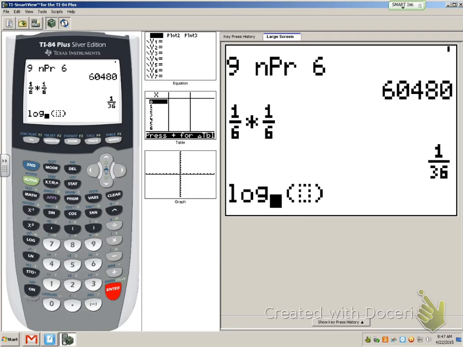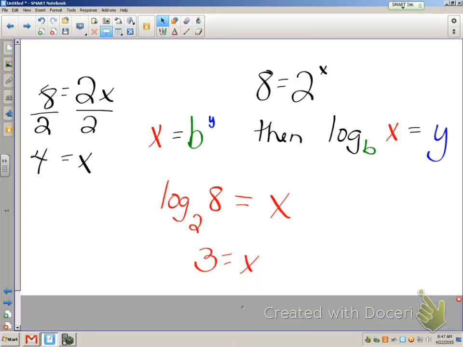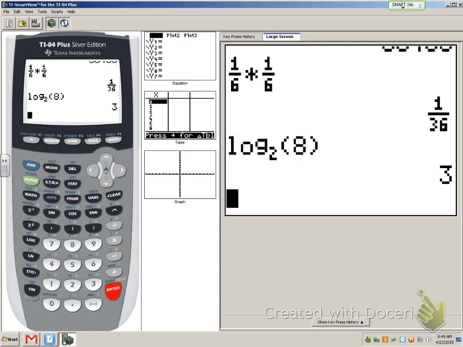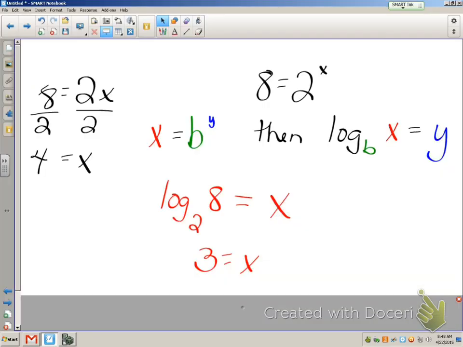So if you look back at where we just were, we had log base 2 of 8. So I want to type those numbers in. Log base 2 of 8 equals 3. And of course we know that one. That one's a simple one. 2 raised to the third power is 8. So log base 2 of 8 equals 3.